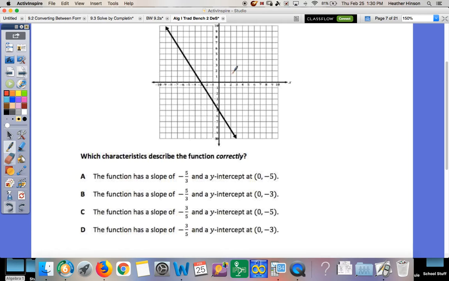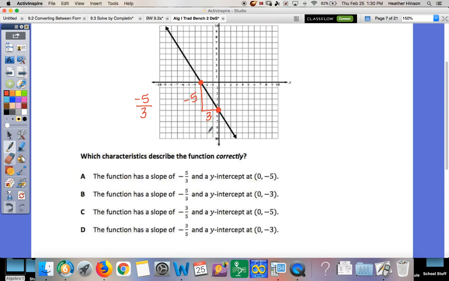The best point to start with is going to be your y-intercept, and then pick one more point. So I'm actually going to go with the x-intercept on this problem. Just find another point and use that. So my rise is going to go down 5, so negative 5, and my run goes over 3, so rise over run is negative 5 over 3.